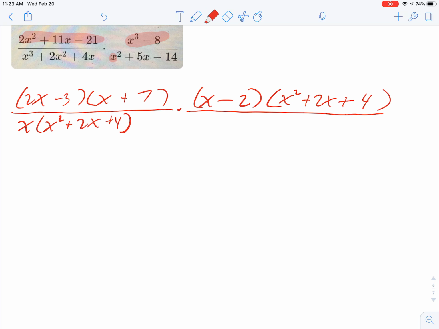And then on the bottom is just kind of a straightforward trinomial factoring. So we have x, x, to get negative 14, we can do a positive 7 and a negative 2.